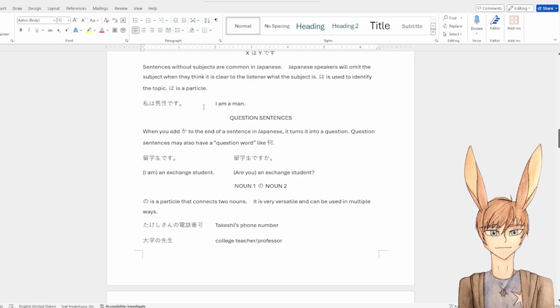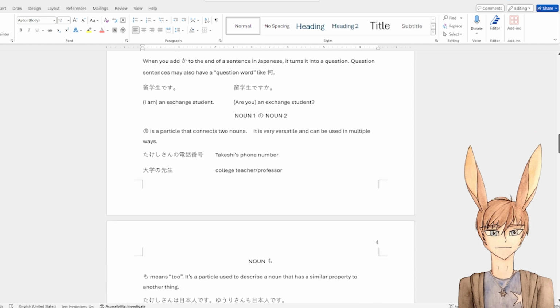I think there's an explanation later, but here you see with no that it's a particle that connects to nouns. Basically it's one noun taking ownership of another noun.